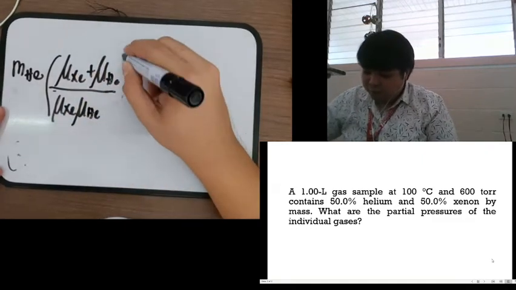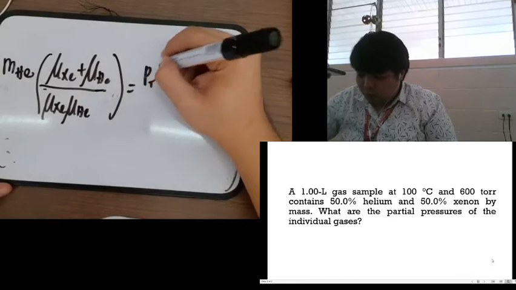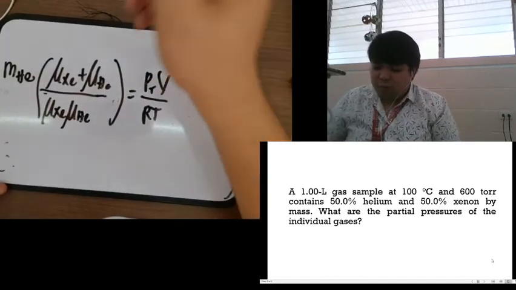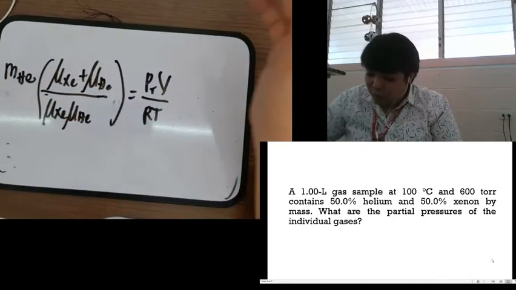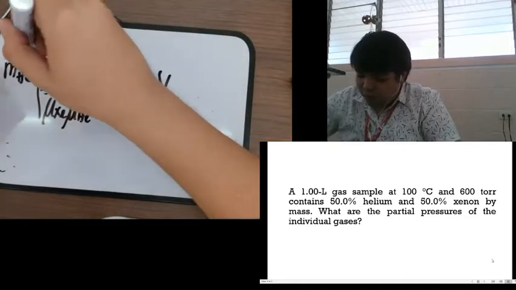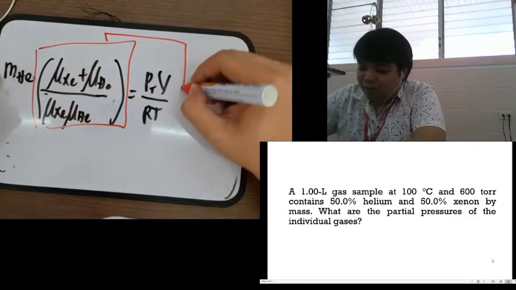Divided by, now transpose, manipulate your equation, transfer this term to the other side of the equation so that only the unknown is left.